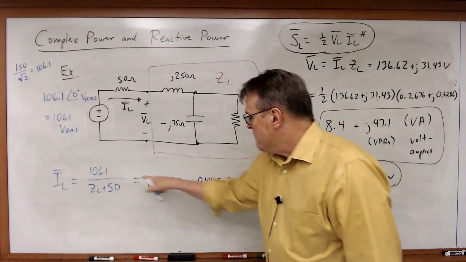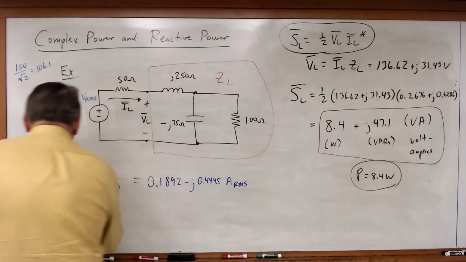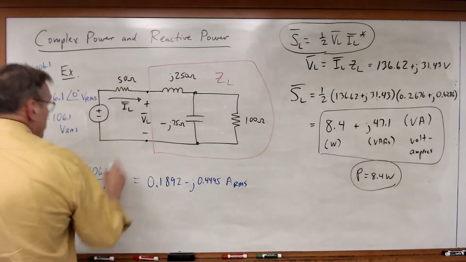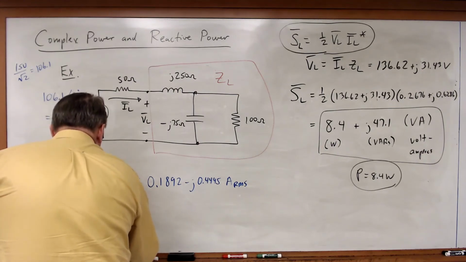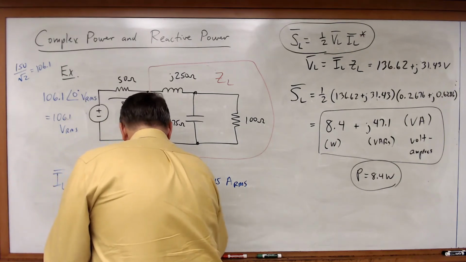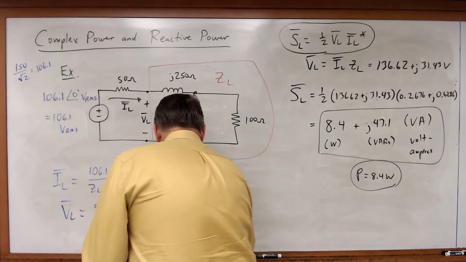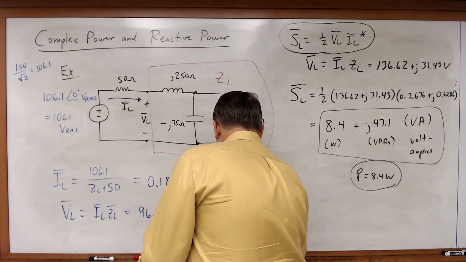So I get an RMS current. And VL, the voltage across the load, is now equal to IL times ZL, which is 96.60 plus j22.22 volts RMS.